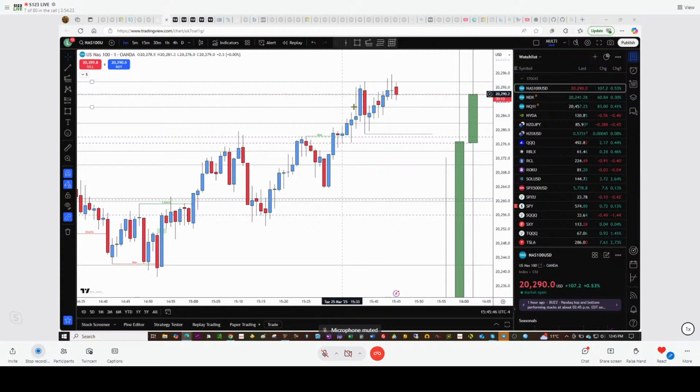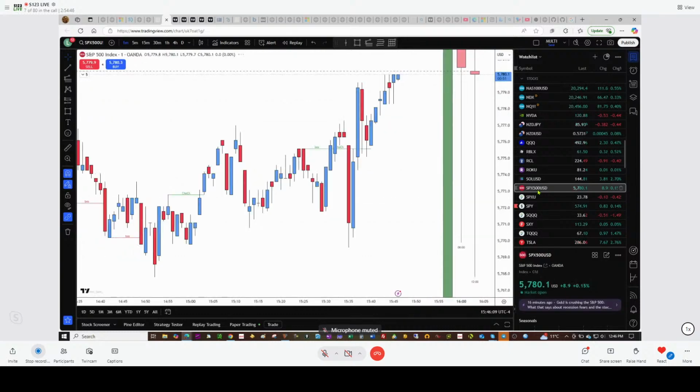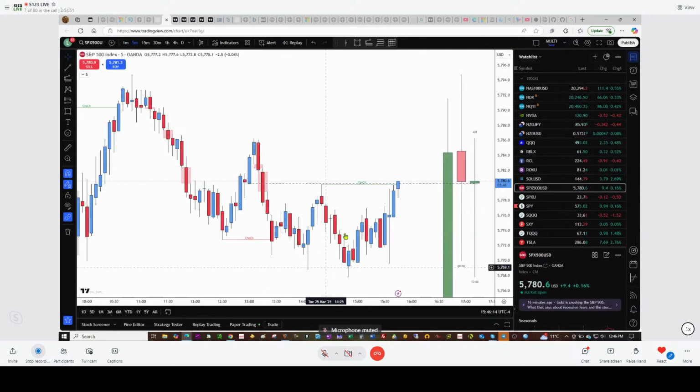5 minutes to go for the macro. S&P is very strong, but very choppy area. They're chopping it all up.